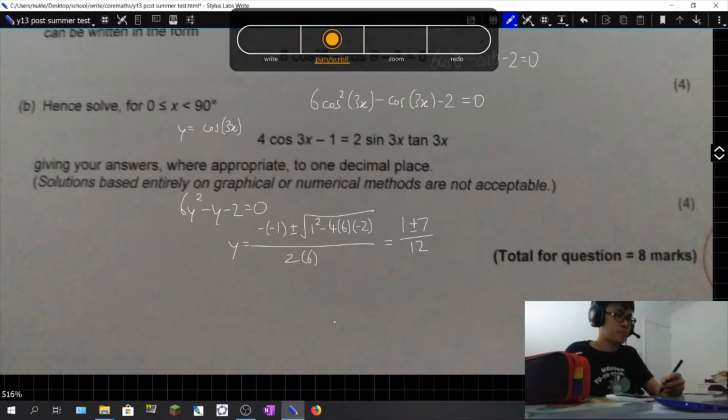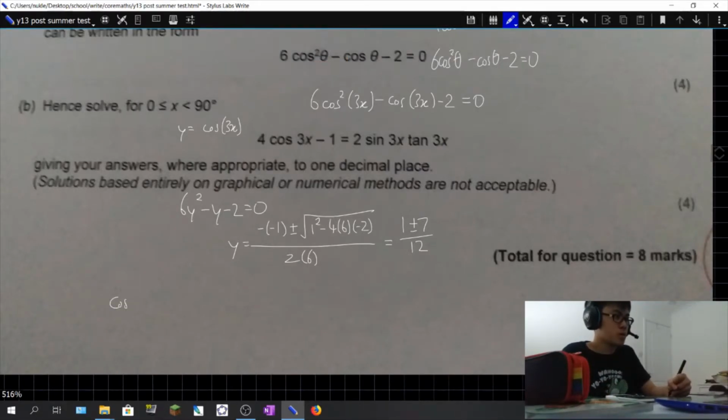So either cosine 3x is equal to 1 plus 7 over 12, or cosine 3x is equal to 1 minus 7 over 12. 1 plus 7 is 8, 8 over 12, so it's 2 over 3. 1 minus 7 is negative 6, 6 over 12 is negative half.